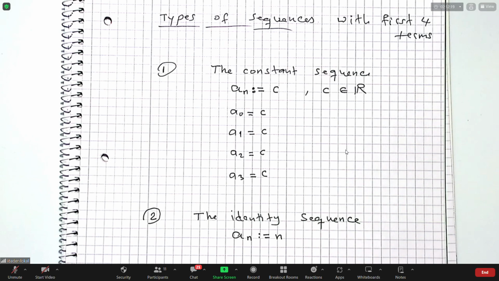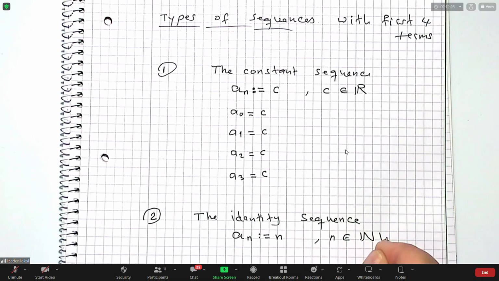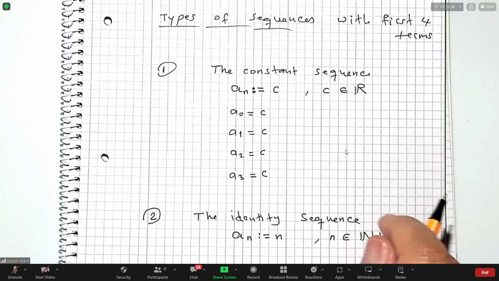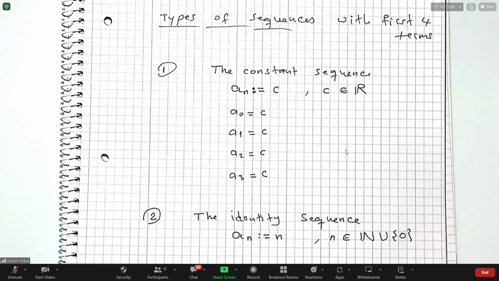AN is N, and here, of course, N is a number, as we agreed, a non-negative integer. So it's the natural numbers with 0 added to it. Now, in some literature, they just start with A1. As I told you, it's a shift.